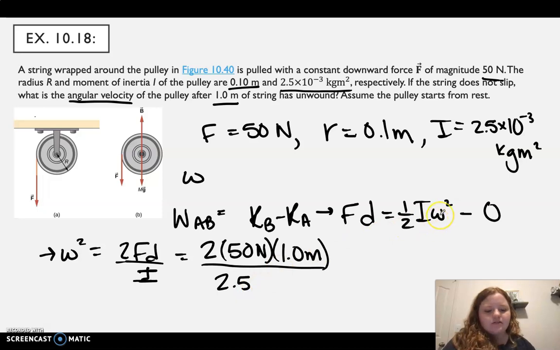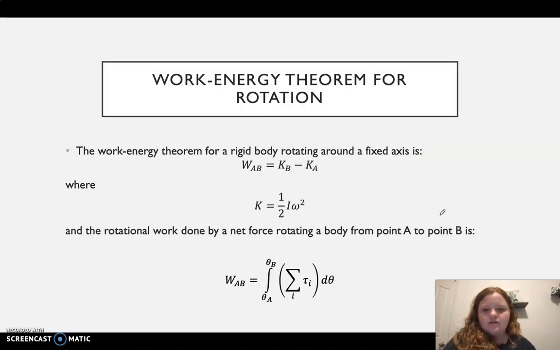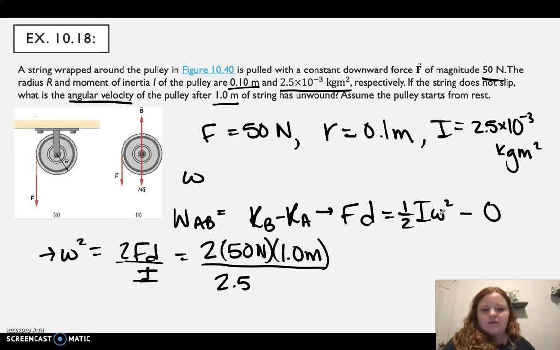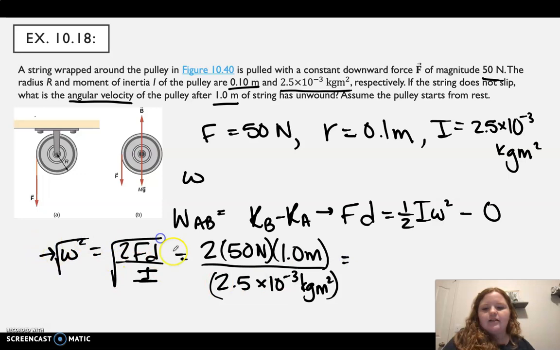Is there something missing here? Oh, maybe not. Okay. 2.5 times 10 to the negative 3 kilogram meters squared. Okay, and then I'll go ahead and square root that in my calculator.